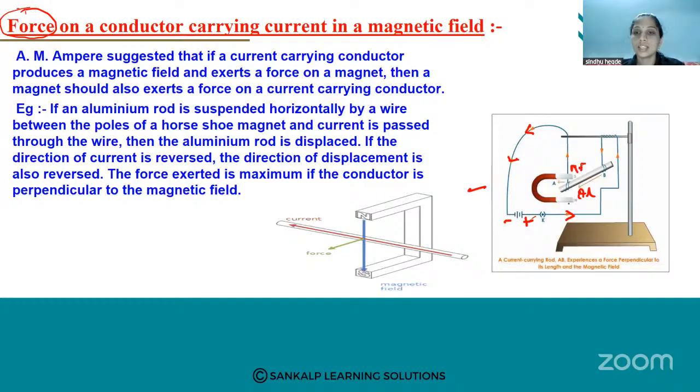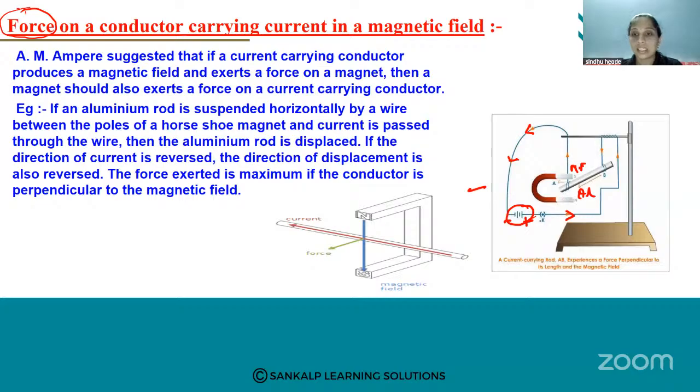Then, again, we observe one more thing here. What is that extra thing? For example, consider the circuit is like this. This is the positive and this is the negative terminal. Current starts flowing in the circuit and a magnetic field is generated. Because this circuit contains a conductor, when the current flows through the conductor, a field is generated. When the field is generated, at that time, this aluminium rod shows some displacement.